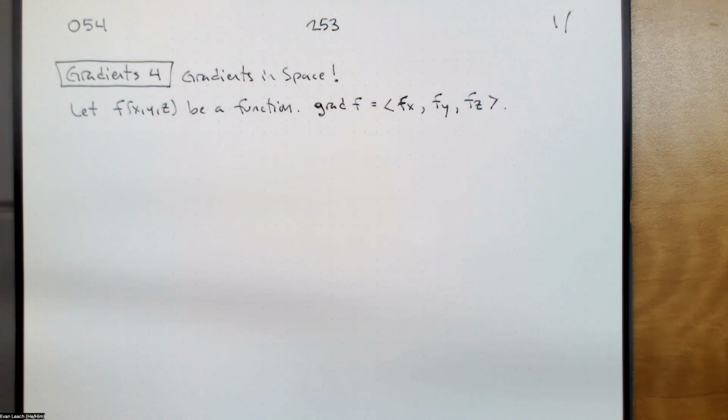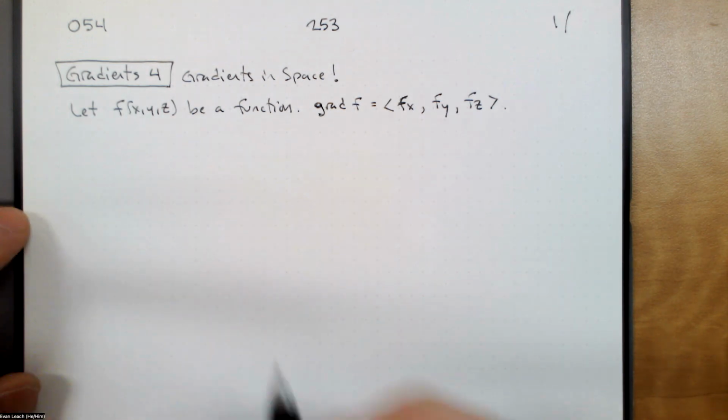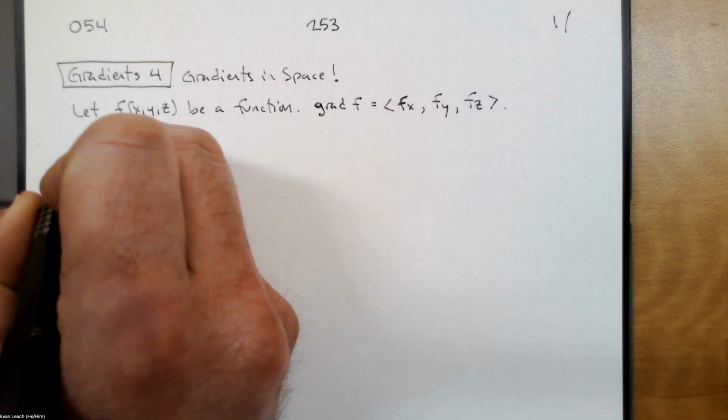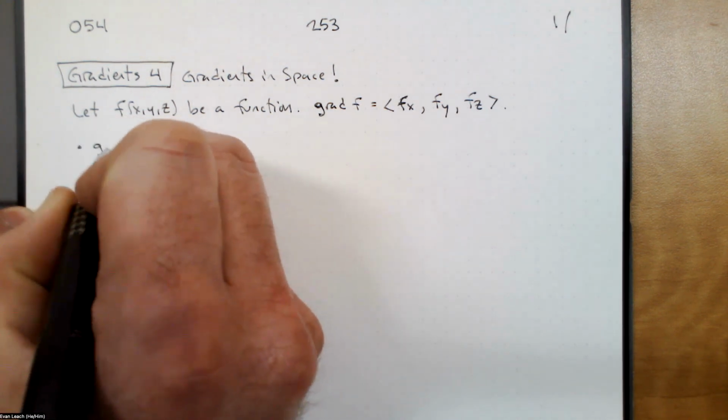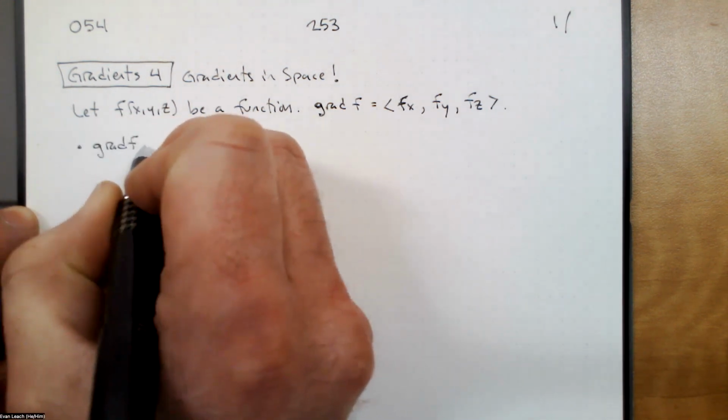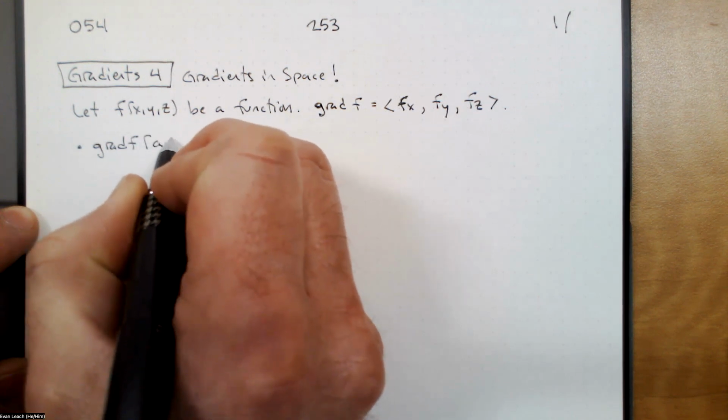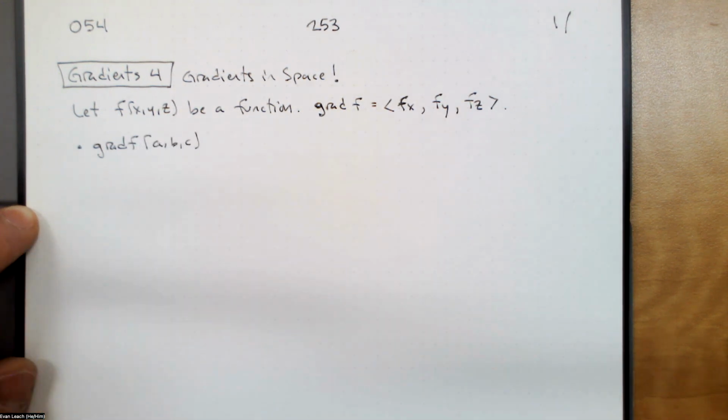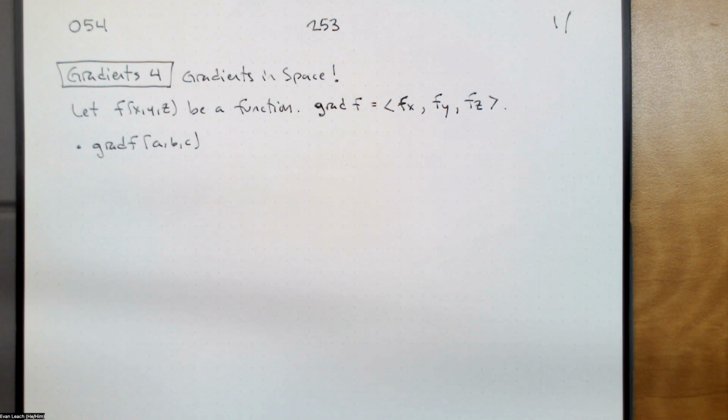Here are some things that we know about this gradient. If I take the gradient and evaluate it at a point, this will tell us the direction of maximum increase of f. That sounds familiar.